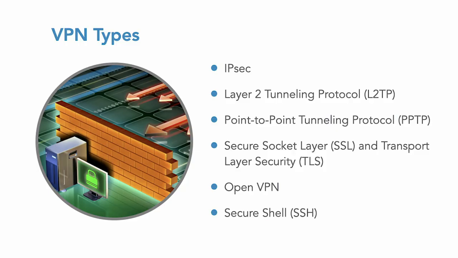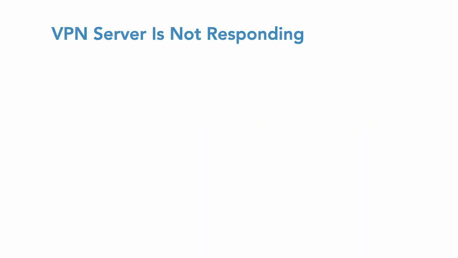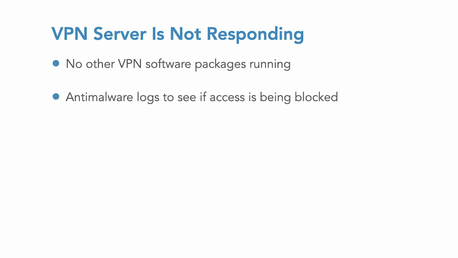Make sure you inform yourself as well as your managers about all the advantages and disadvantages of each protocol. There's many things that can go wrong with virtual private networks. Let's take a look at how we can troubleshoot client-to-site VPNs. If the VPN server is not responding, you want to make sure there are no other VPN software packages installed. Check the anti-malware logs and see if it may be blocking access.